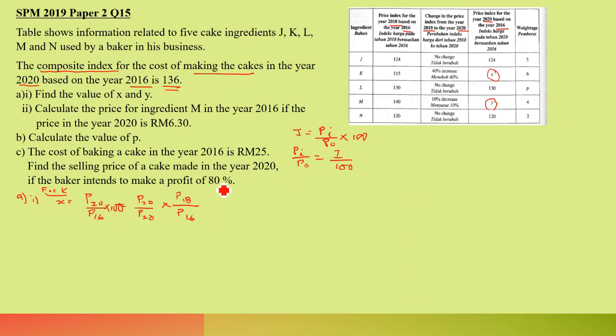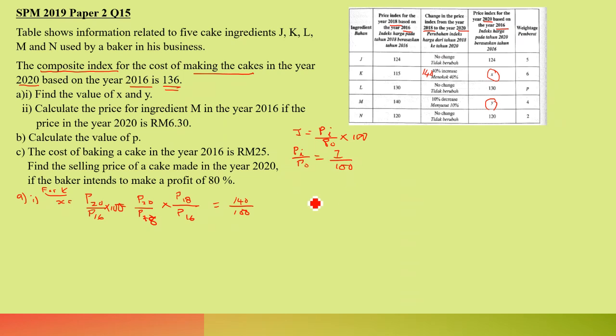Okay, so what we have here from 2018, because it must be the same, then only it cancels out. So from 2018 to 2020, what is the change here? They say increase by 40%, which means 140. So you put 140 over 100. Use this one, I over 100.